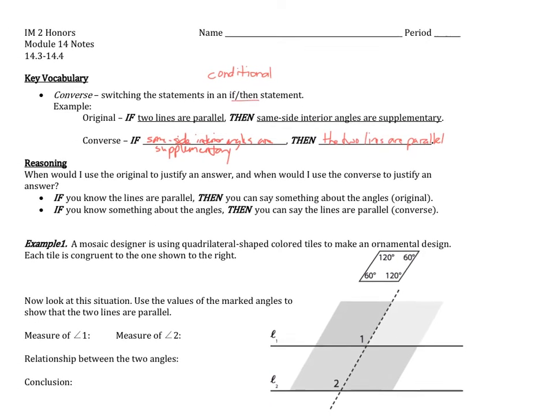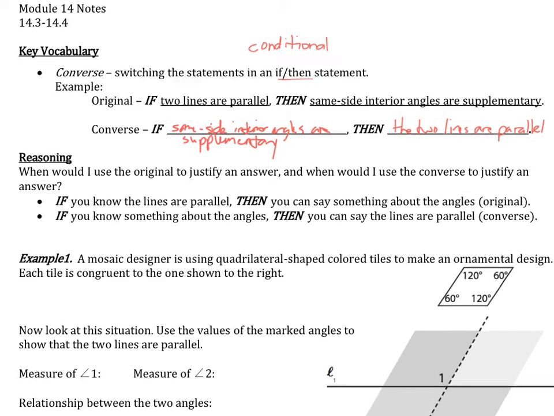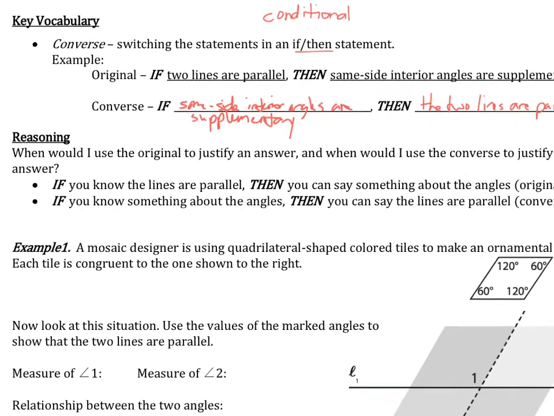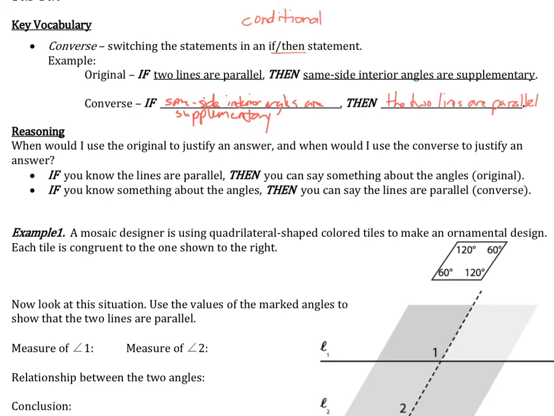If you read this next section, when would we want to use the original as a justification, and when would we want to use the converse? Well, the original, if you remember back to 14.1, 14.2, says if the two lines are parallel. It always starts with if the lines are parallel.